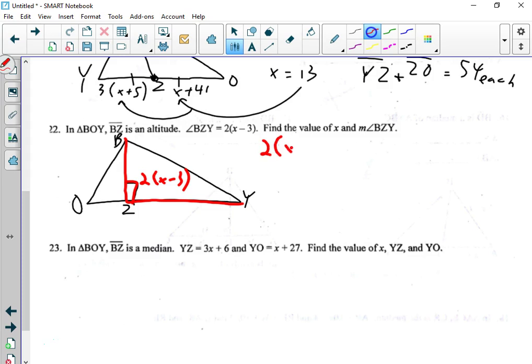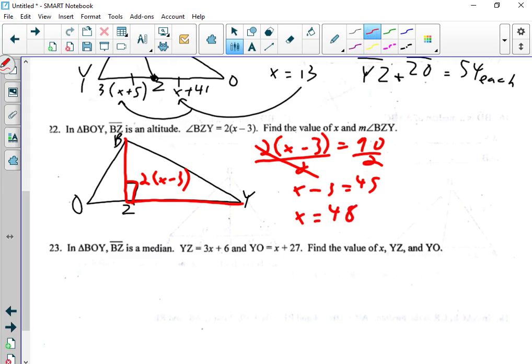So 2 times x minus 3 equals 90. I'm going to divide by 2 again. X minus 3 equals 45. X is 48. And really no work. The measure of angle BZY is 90. We already know that.